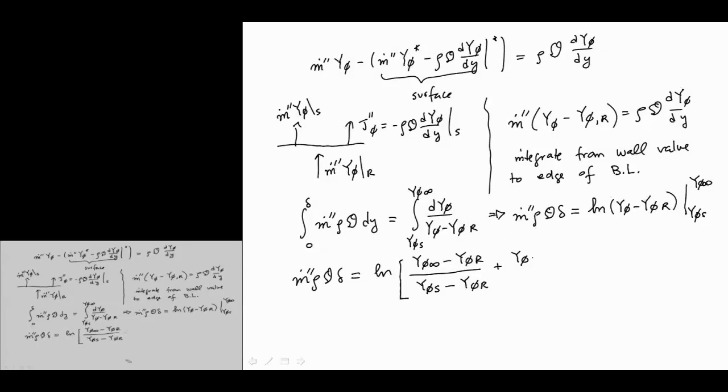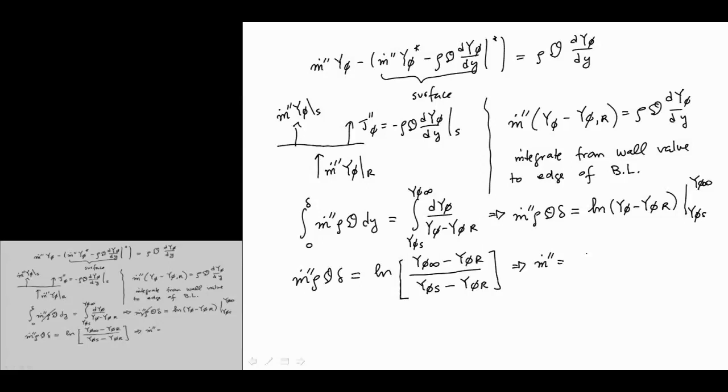Okay, so the last thing I'm going to do is, but this is not our definition of B. So this is great, and what this says is, oh, spectacular. M dot double prime is equal to, you know, I did something wrong here. Oh, I know what I did wrong. Divided by rho d.